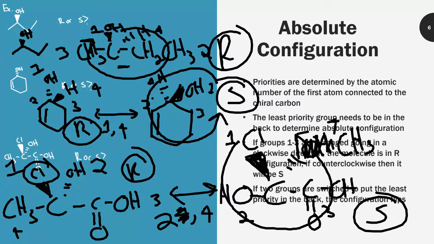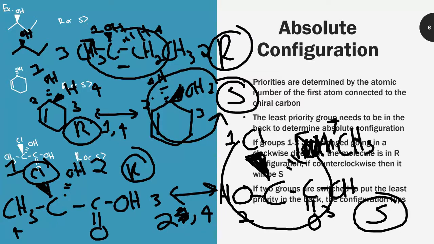Okay. And we ignore 4. Hold on. Because the carbon to least priority group bond is your axis of rotation in these types of bonds.